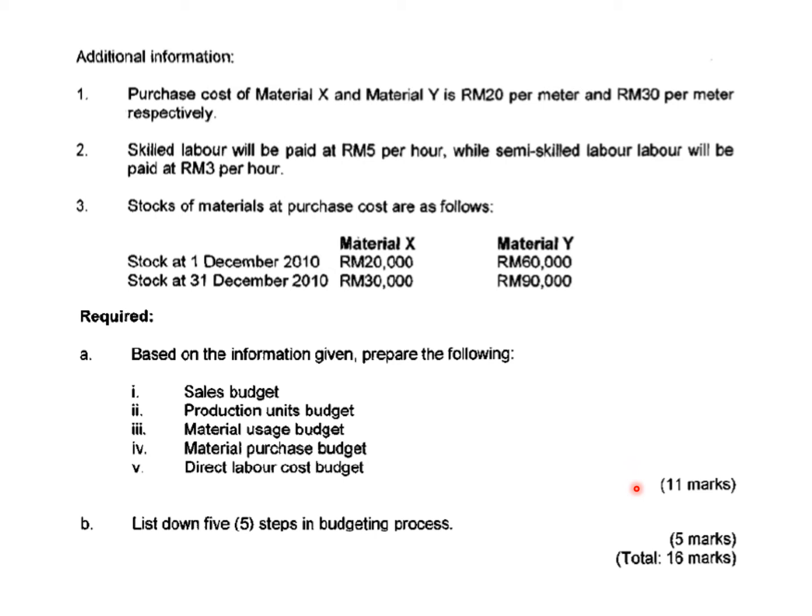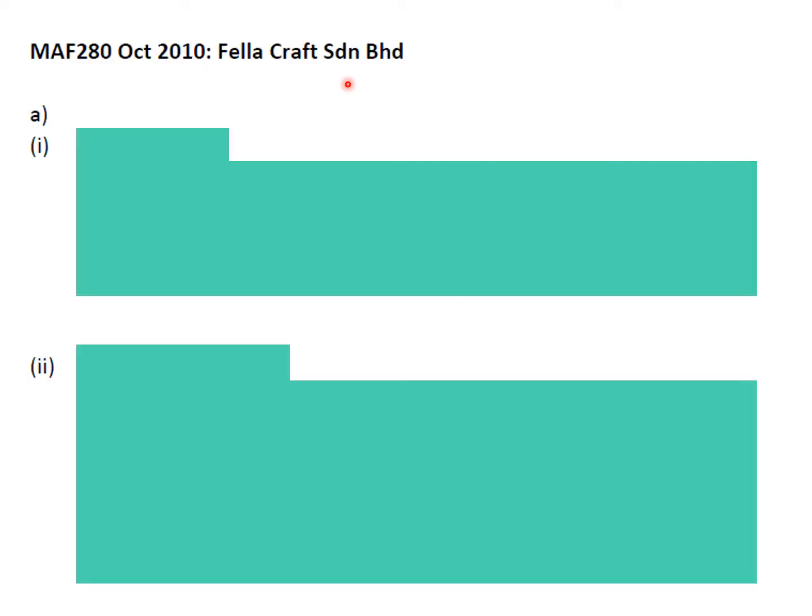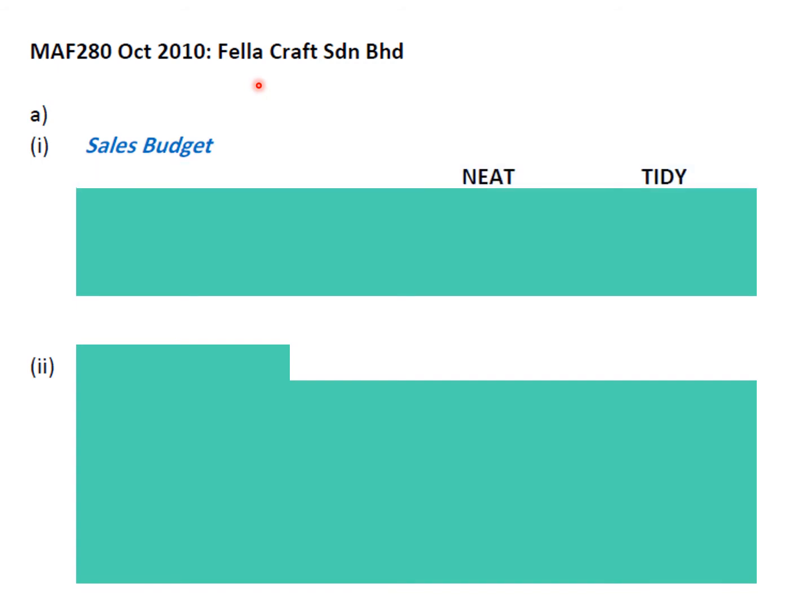Okay. Next, how are we going to do this sales budget? So, dia kena follow format yang I bagi tahu dekat you before this. So, have that format with you and understand how we are going to do this. Right, so first of all, of course, kita nak start dengan the sales budget. So, macam mana nak buat sales budget? Dia kena ada details, the neat and tidy.